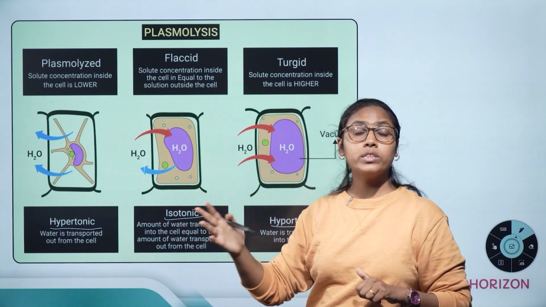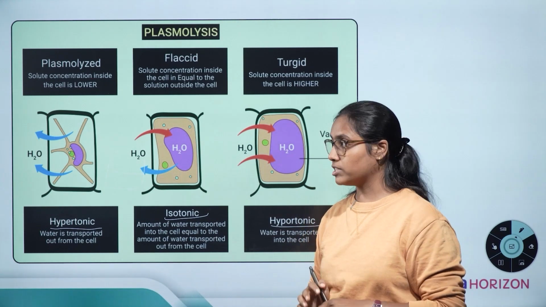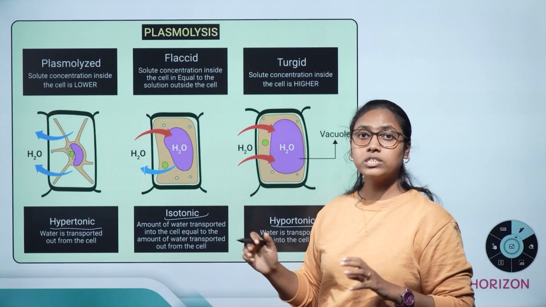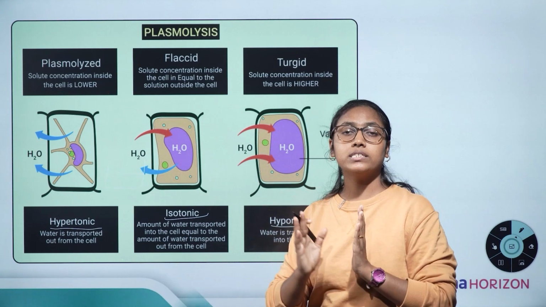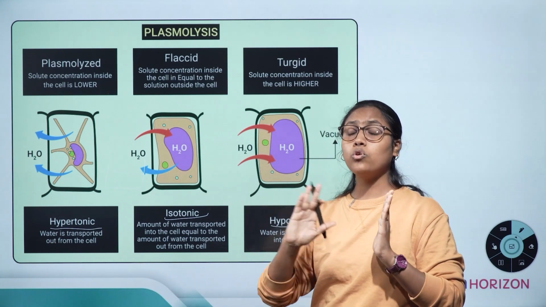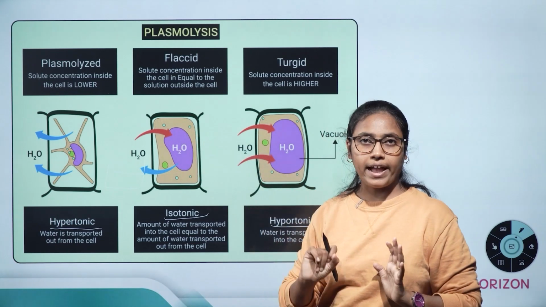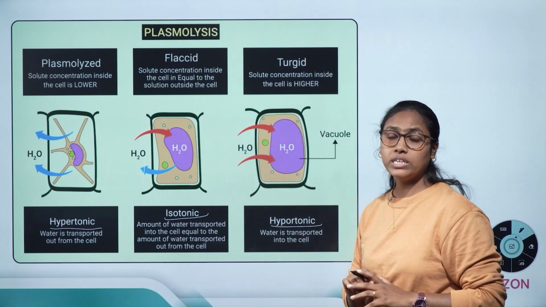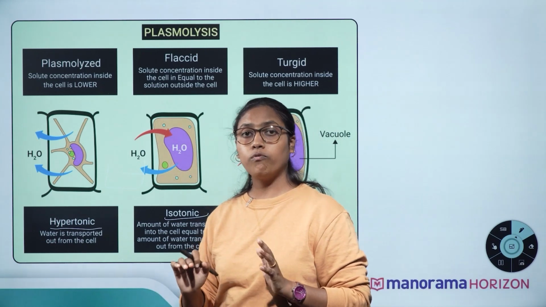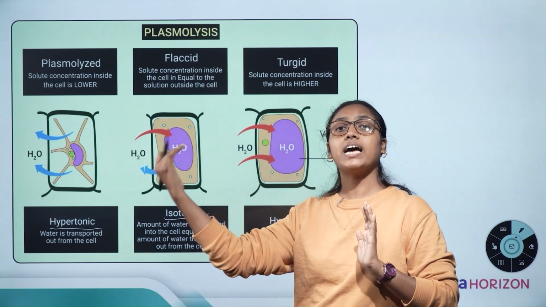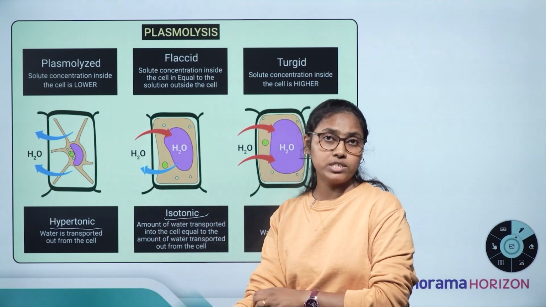The cell loses all the water. Exosmosis takes place. In isotonic solution, on both sides the concentration is the same. So no movement of water takes place and the cell remains intact. Whereas in hypotonic solution, the movement of water takes place inside the cell. Endosmosis occurs.